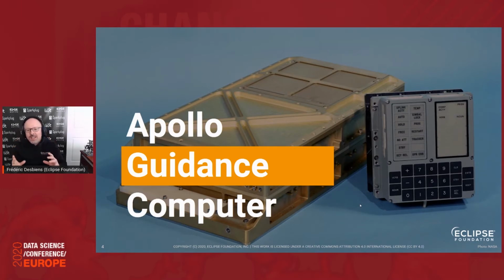But what's fascinating about the Apollo guidance computer is the fact that it was built from the ground up for this mission. And there were a few specific qualities about it that made it incredibly well suited for the task it had.